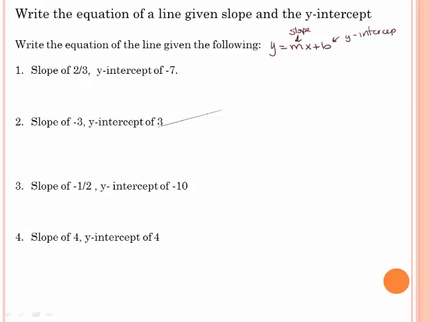So when we're given the slope and the y-intercept, all we need to do is plug those in. Slope goes where m was, and the y-intercept goes for b. So here we have a slope of negative 3x and a y-intercept of 3.